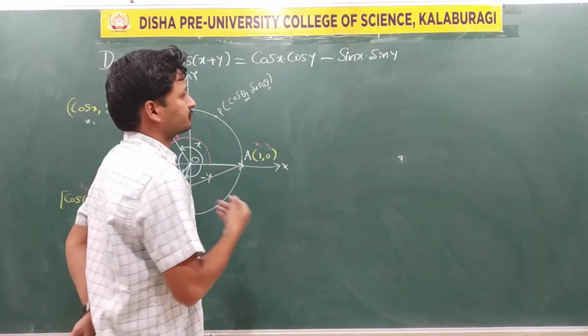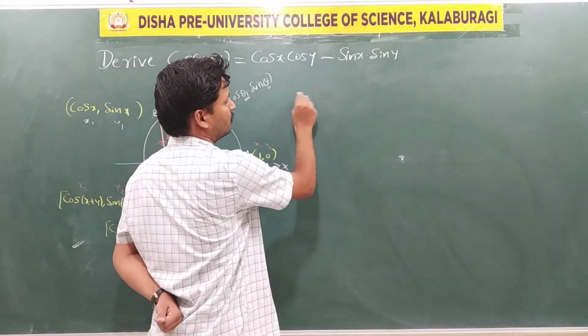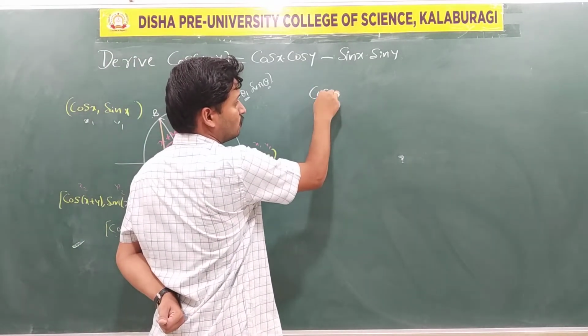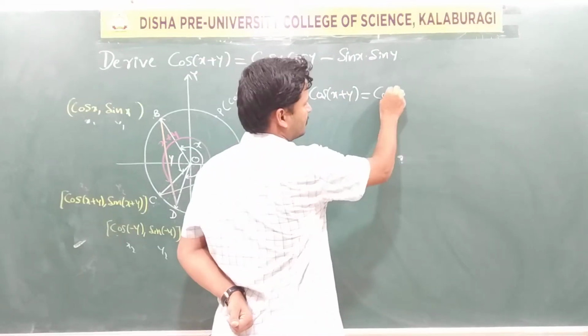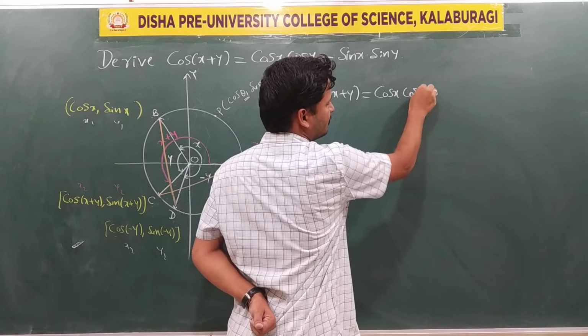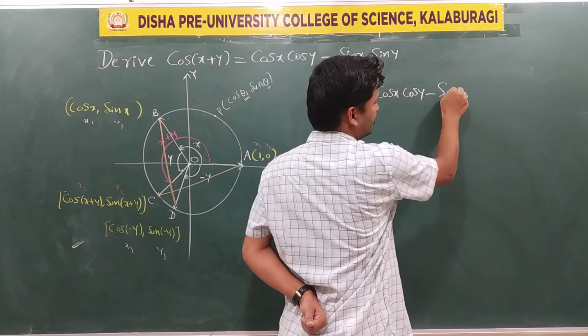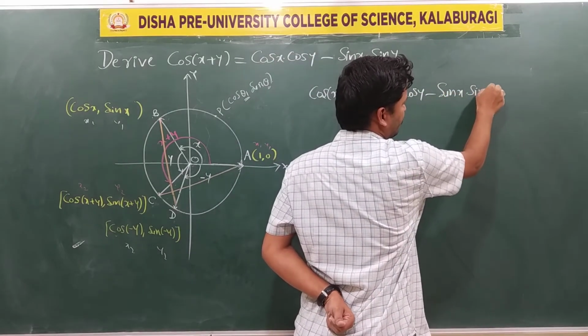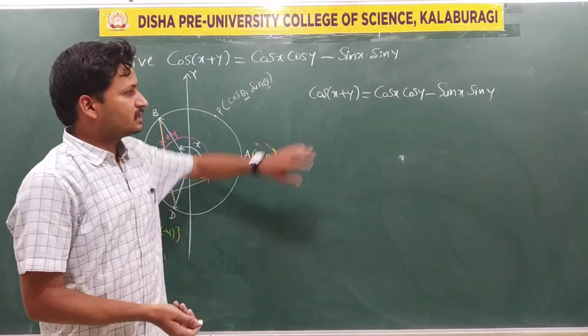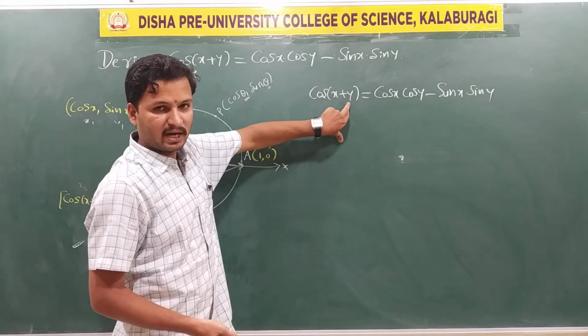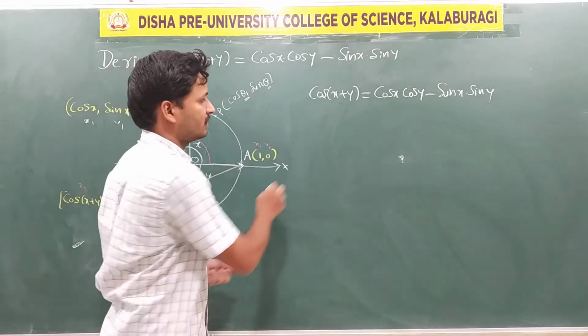We know the result that cos of x plus y is equal to cos x into cos y minus sin x into sin y. Correct na? Just now we proved. Just replace y by minus y.